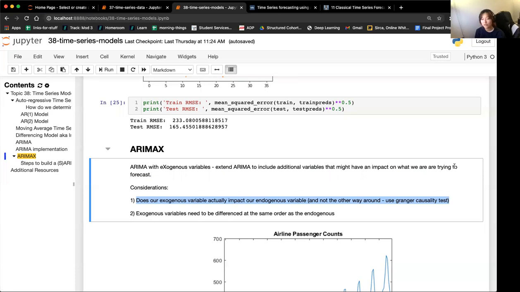Make sure all of your exogenous variables are not a result of what you're trying to predict, so that it's the other way around or they're just happening in parallel. Does that make sense? For example, if I'm trying to predict the stock price, an exogenous variable should not be what people are saying about today's stock price. You can use what people are saying about yesterday's stock price, but not today's.